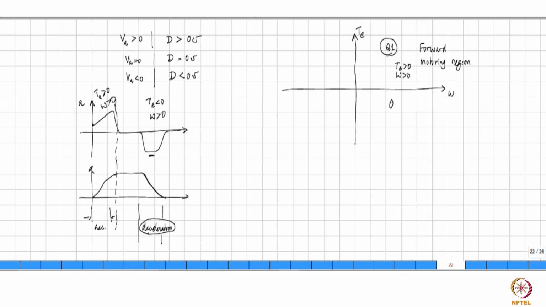Therefore, you are operating in Q4, Te less than 0 and omega greater than 0. This is then called the forward braking region. An electric circuit that is able to achieve these two regions of operation is then called a two-quadrant drive.